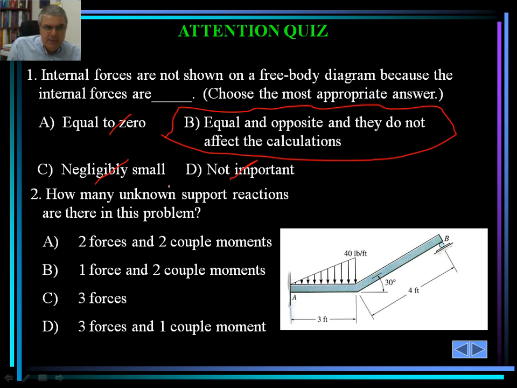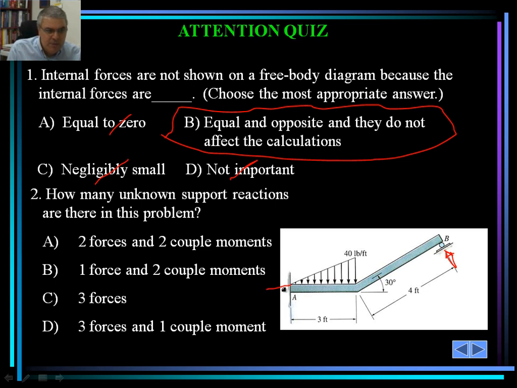The second question: how many unknown support reactions are there in this particular problem? Is it 2 forces and 2 couples? Is it what is it? So let's identify that here. This is a roller, so we're going to have one reactive force here.